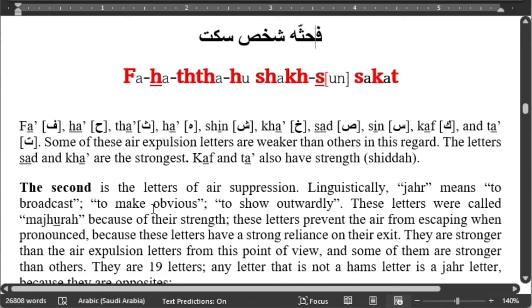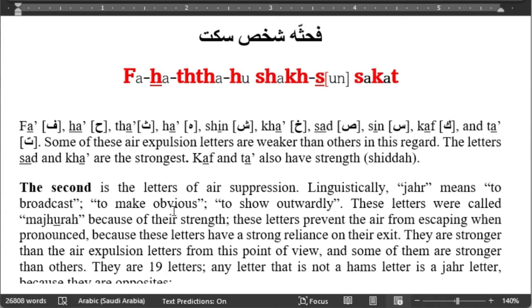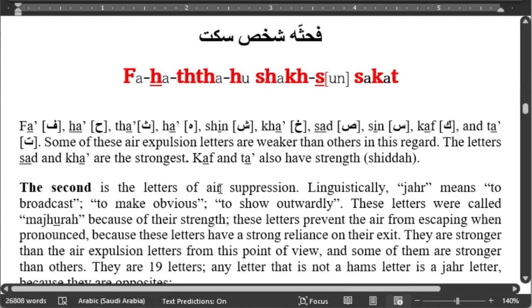So if you wanted to, you could say, for example, akbar, stopping the air completely, instead of akbar, letting the air out. Same thing for the ta.